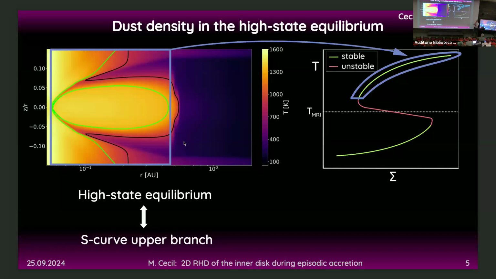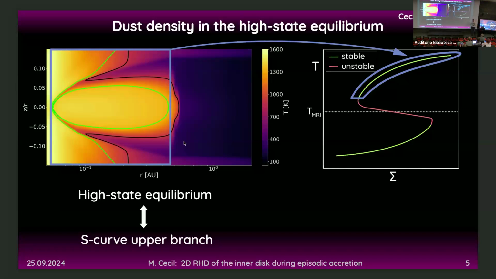So what we can say, for example, is that in here, in the high state equilibrium, the dust already begins to evaporate, which is shown here by this green contour line, which is the dust evaporation temperature. Which means that as the dust evaporates, the optical thickness of this region becomes smaller, which means that the cooling efficiency increases.